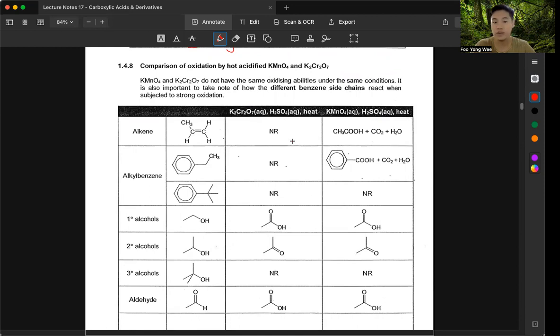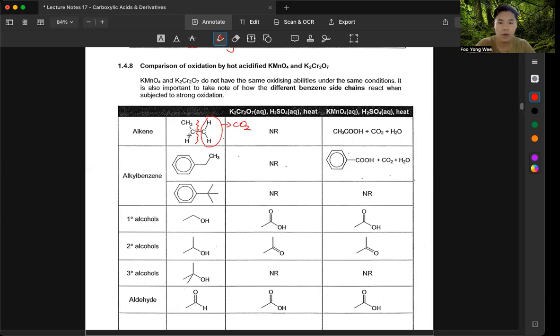There will be no reaction with potassium dichromate, but the potassium manganate will be able to carry out oxidative cleavage of the double bond between the carbons to form the ethanoic acid here. And this part here will just become CO2. So this part here is cut off.